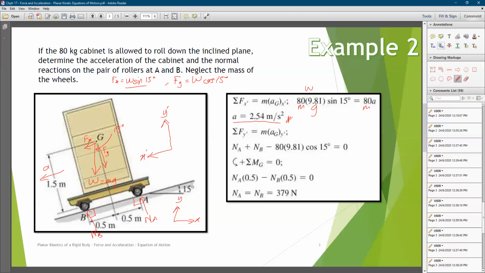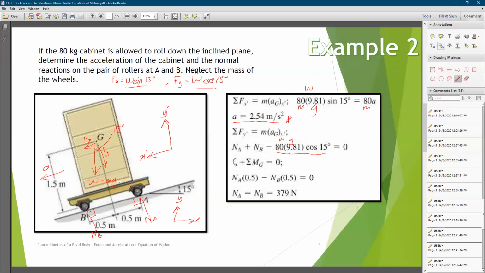We already have Fy, which is mg cosine 15 degrees, and in y it is negative because the direction of the Fy is going downwards.